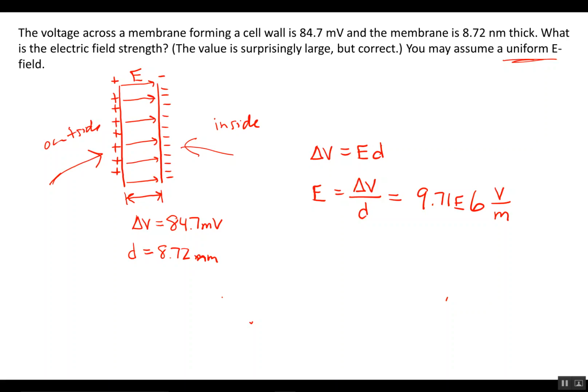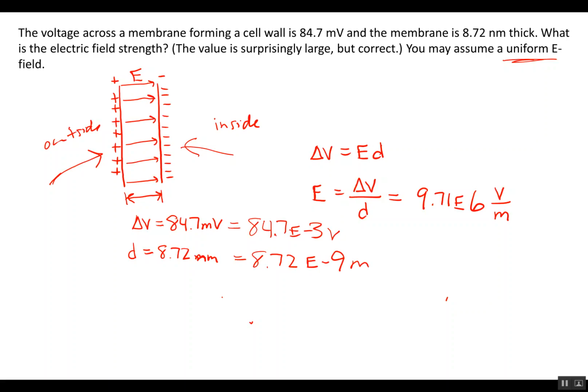And I had to be careful there because I had to be careful of units. 84.7 millivolts is 84.7 e to the minus third volts. And 8.72 nanometers is 8.72 e to the minus ninth meters.